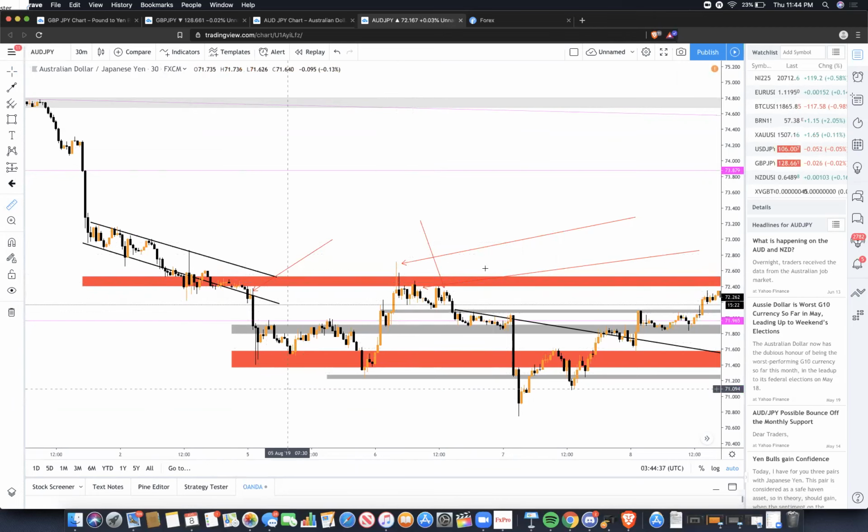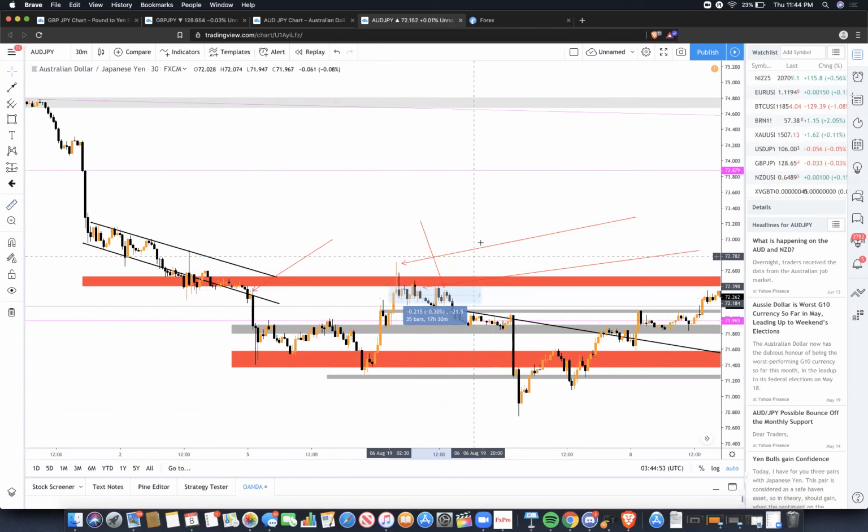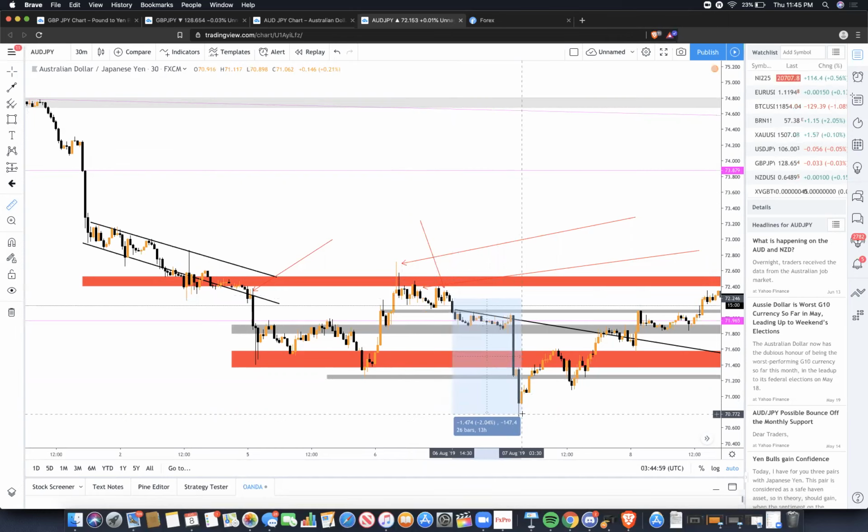The market broke out. Okay, I understood that the market was going to go down here, but look how much time it took before it actually went down. Almost 18 hours. You understand? 18 hours of the market moving up and down for 20 pips. After that 18th hour, it took 13 hours for the market to drop 147 pips.